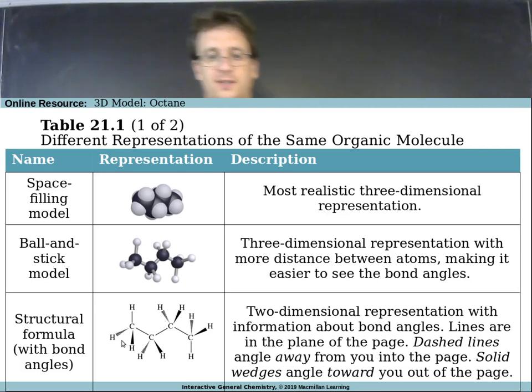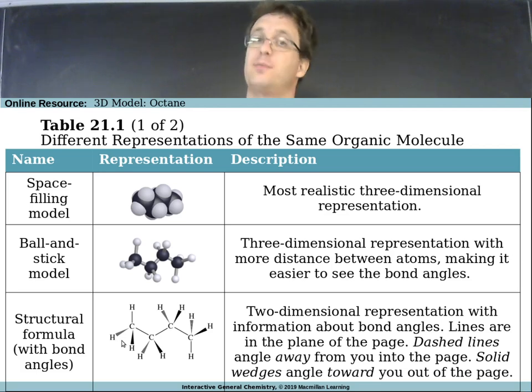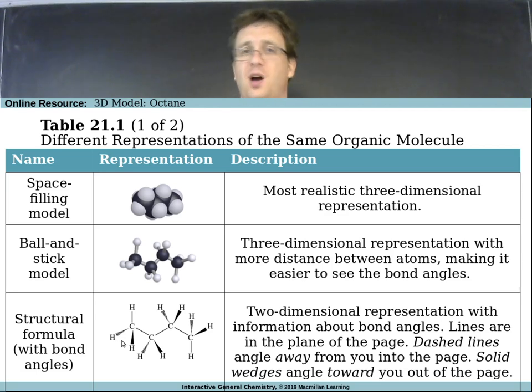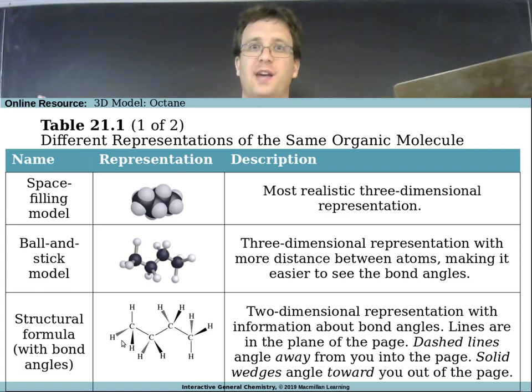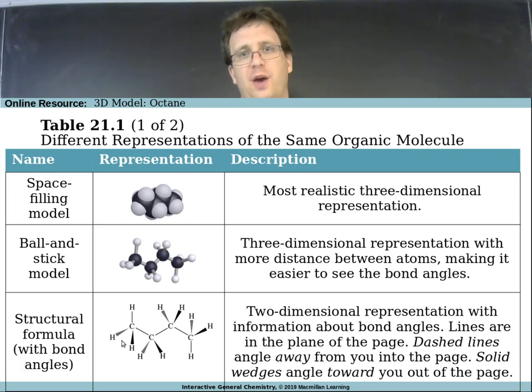You'll often see the next row down, ball and stick models. Here the colors represent the same thing. Black is carbon, white is hydrogen. And balls are used to represent the atoms, but instead of having the ball be the actual size of the atom, we just shrink everything down, and it trims away all of that space so that you can see more clearly what's going on.